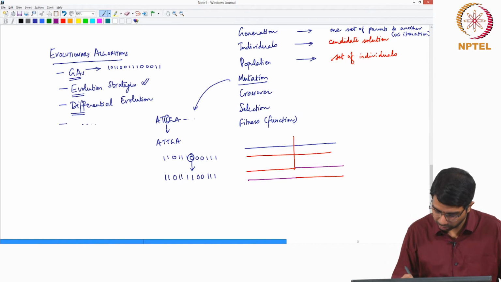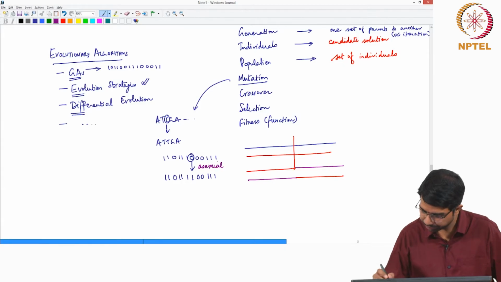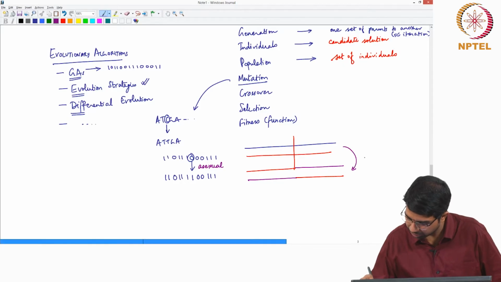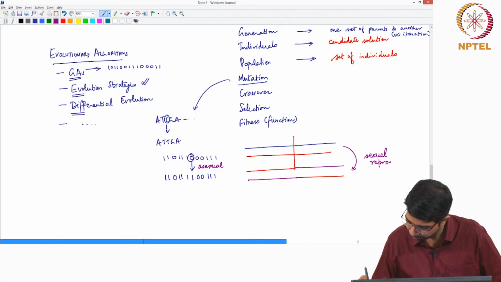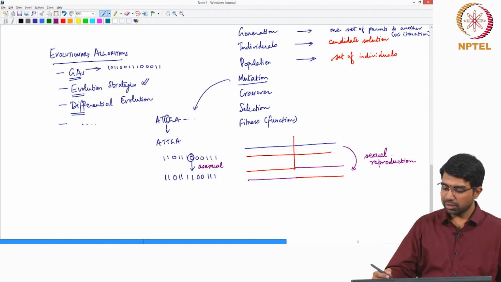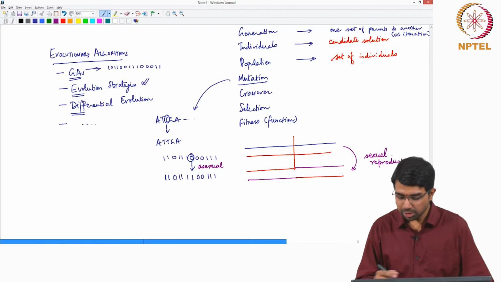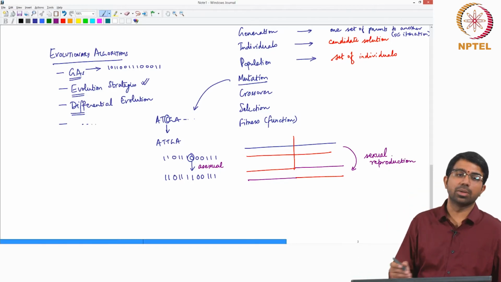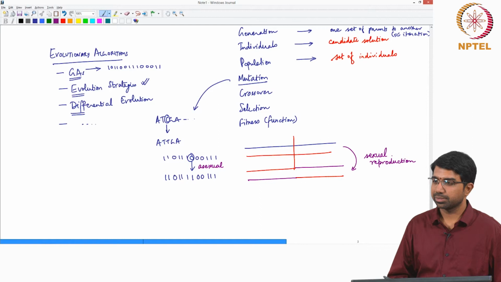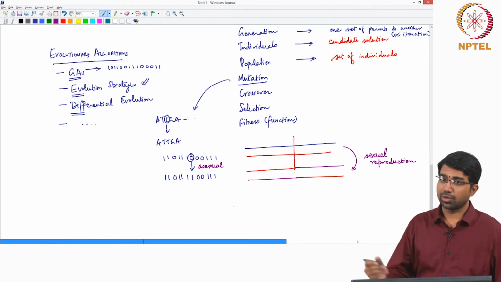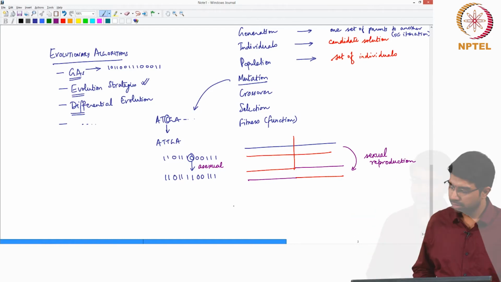So, this you can think of as asexual reproduction and this is essentially sexual reproduction. You are basically getting information from two parents here, whereas here it is just coming from one parent. So, depending upon the case, this might be like a global search and a local search, if you are looking at the real space.